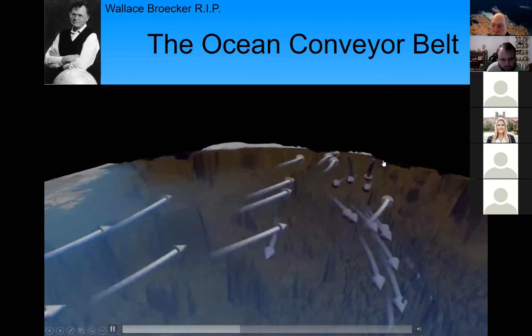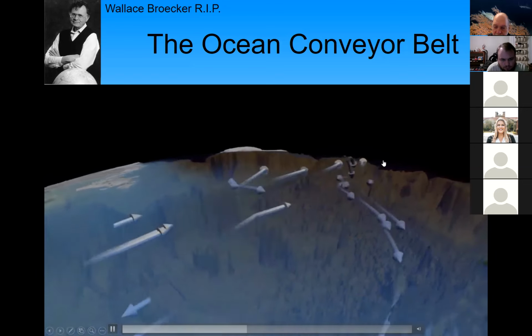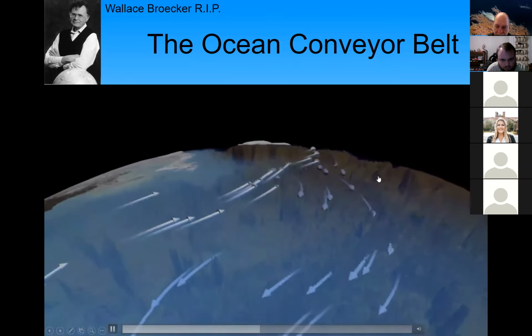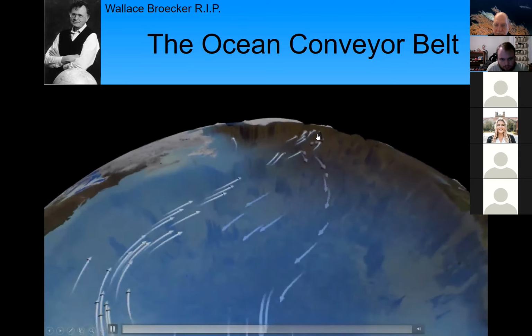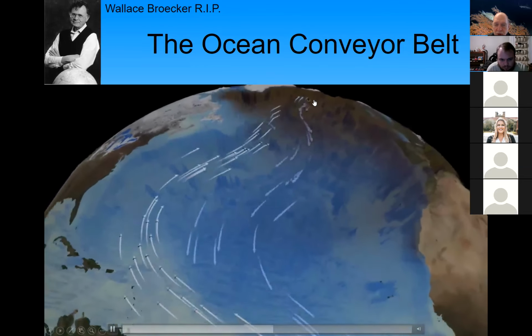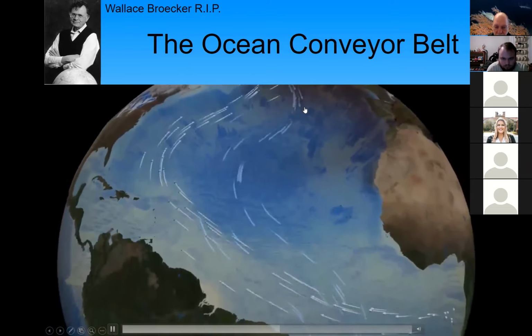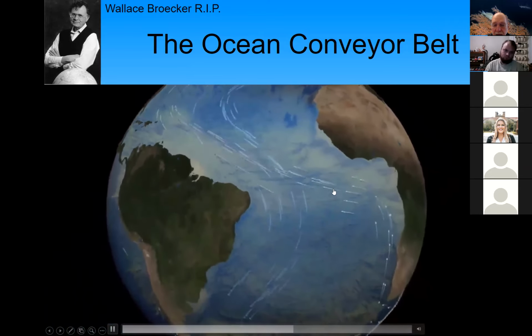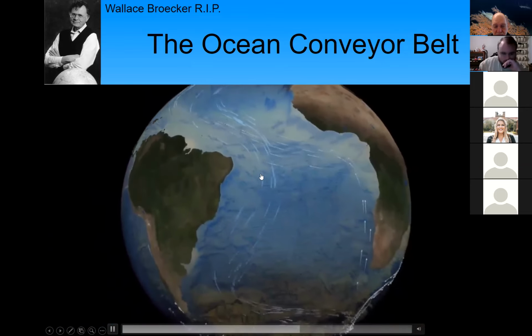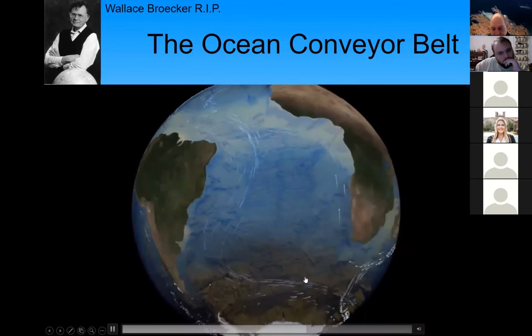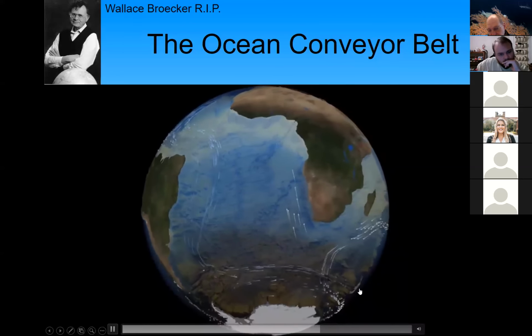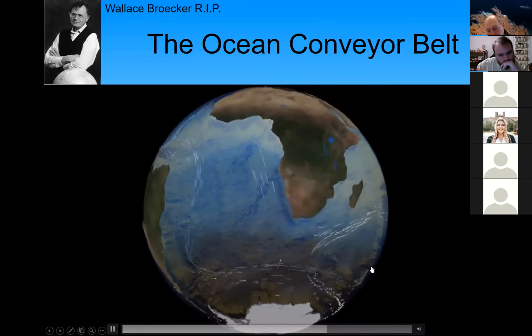This is where most of the deep water formation in the Atlantic is occurring, and it depends on the cold temperatures in the Arctic. Then this water flows at an intermediate depth, mixes with the Antarctic deep water, and continues flowing around.